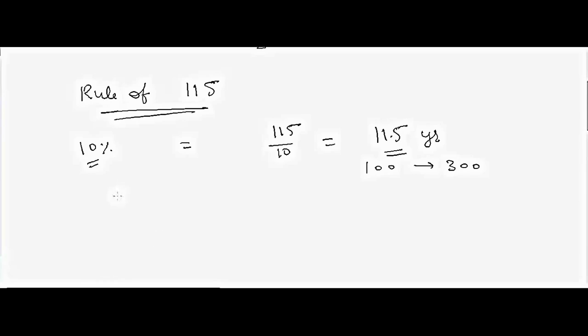And in the same way, if it's 20%, then it would be 115 divided by 20, that is equal to 5.75 years. So this is an approximation you can do when you want to triple your investment.